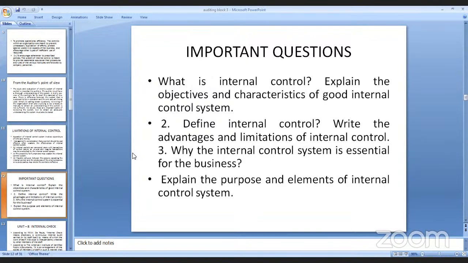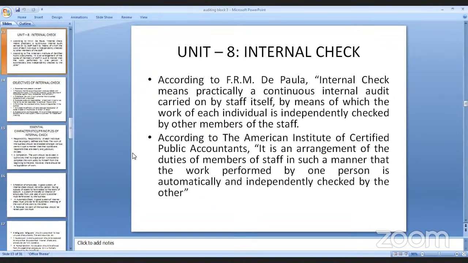Okay, fine. So we will go with the next unit, unit 8. We have internal check. So internal check is generally a part of internal audit, and it is carried out by the staff members themselves.